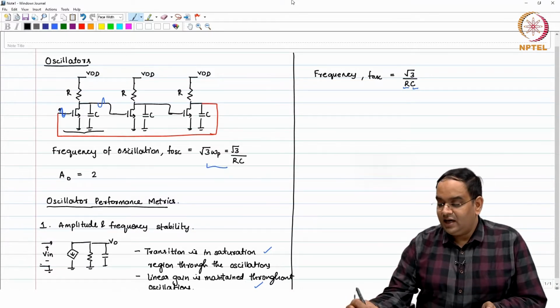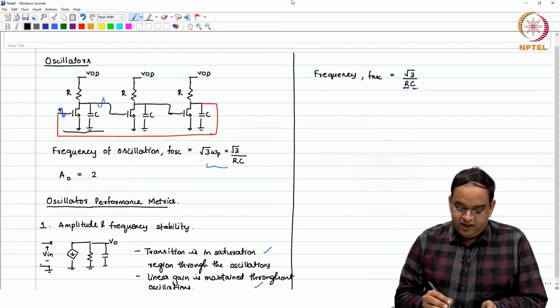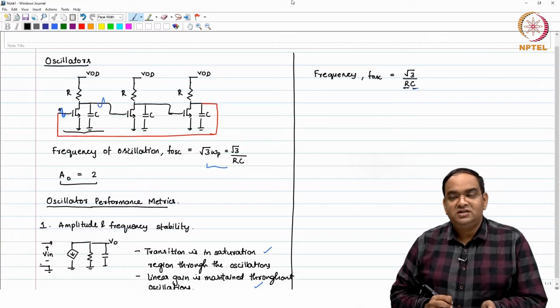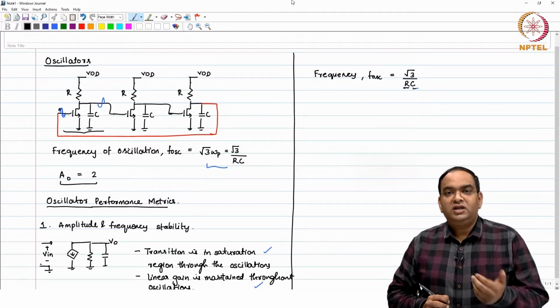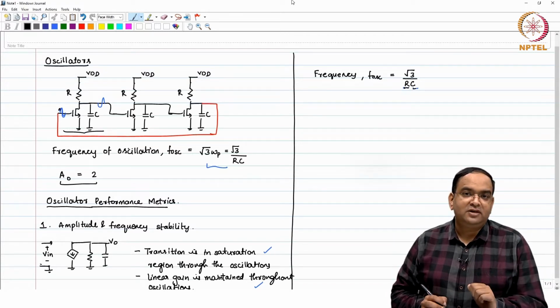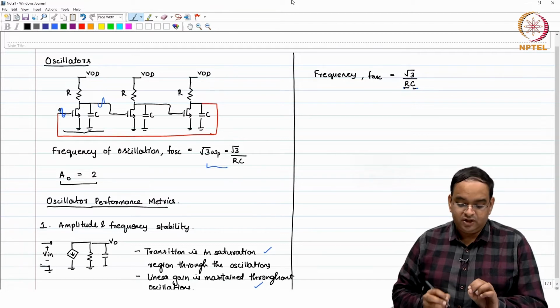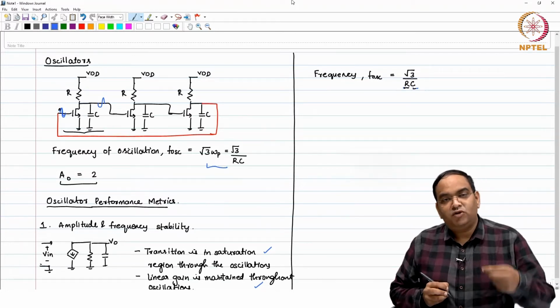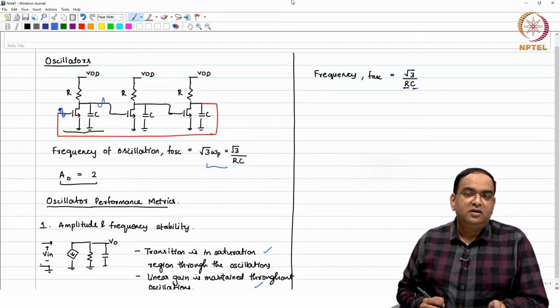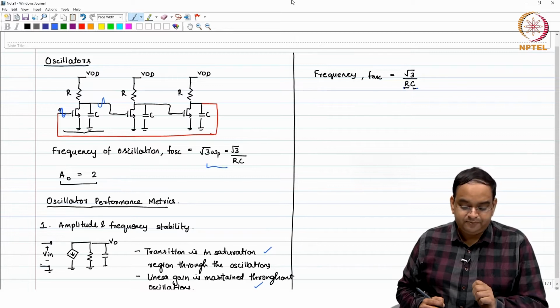So, if you maintain R and C fixed and you maintain your DC gain of each stage as 2, the frequency will not vary, but what the amplitude is going to be is not fixed, because it depends on how much overdrive you have biased the transistor, and what kind of signal swing you have in the beginning when the oscillations build up.